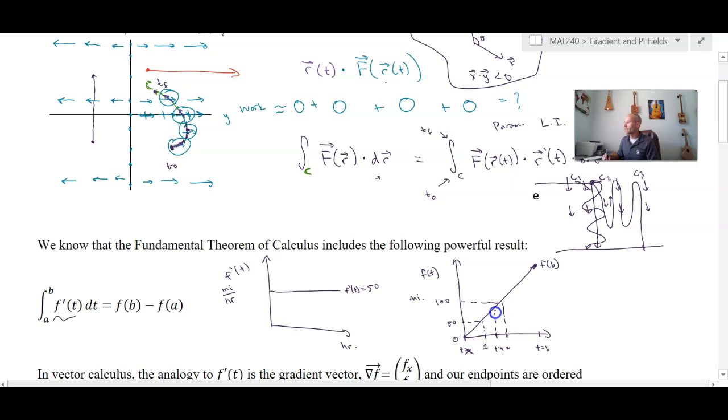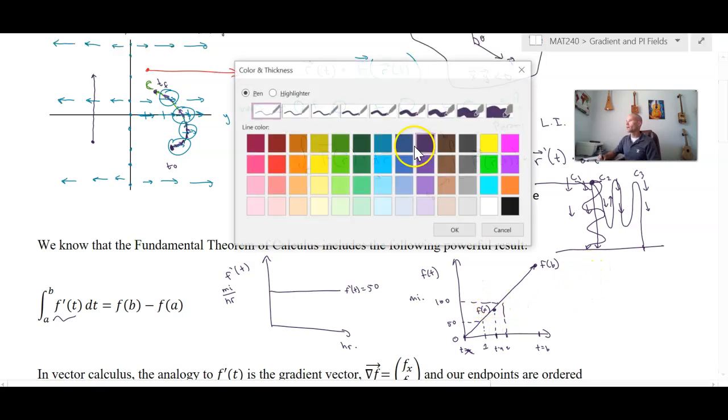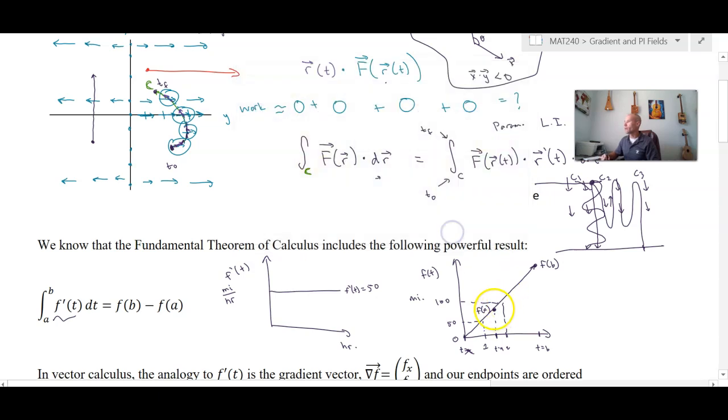And then I'll take that position at time a, f of a, and take the difference, which will effectively give me this distance right here, that change in position. And that will be f of b minus f of a. So there's our intuitive example of what this fundamental theorem of calculus tells us.